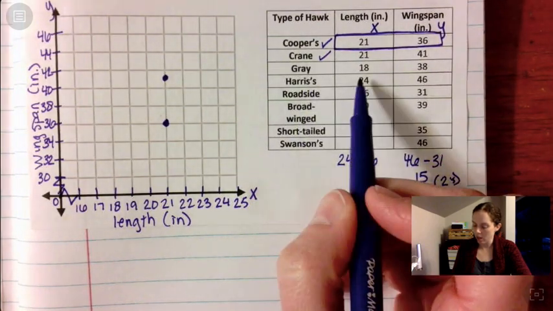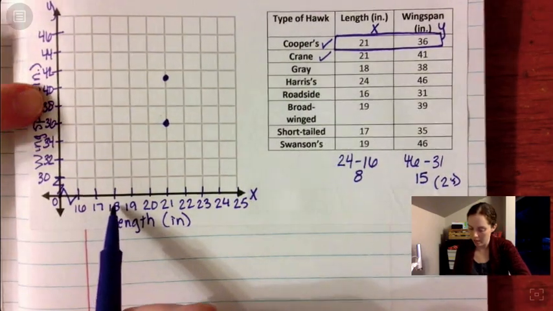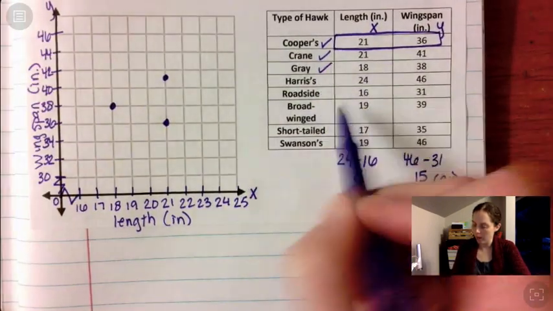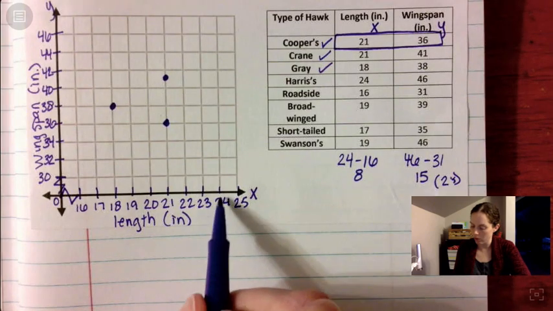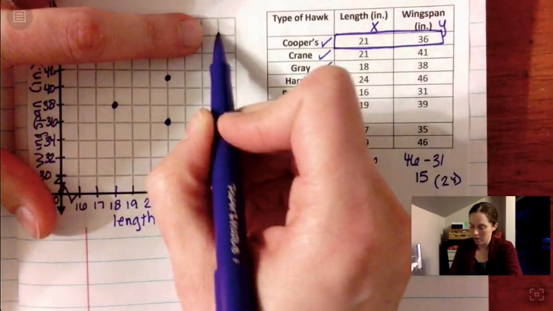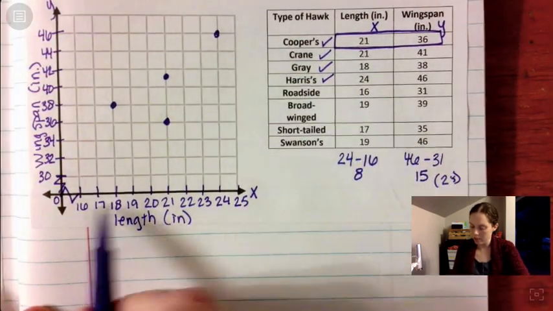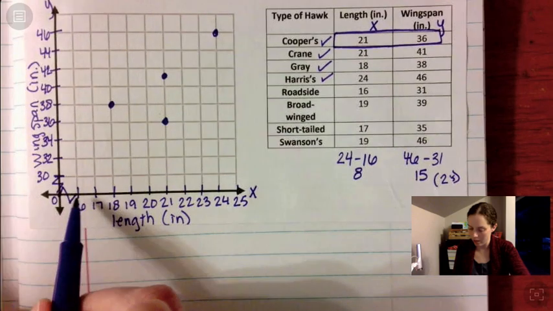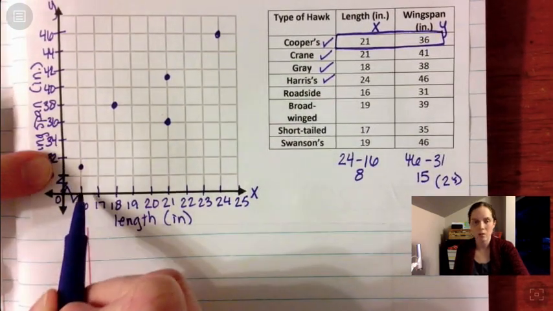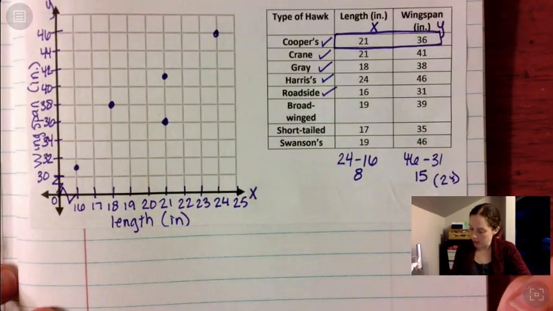The gray hawk, I start at 18 for the length and 38 for the wingspan. Put a dot. Harris's, I start at 24 over here and 46 way up here. The roadside hawk, 16 way down here and 31. So again, 31 would be right between those. Next is broad-winged.